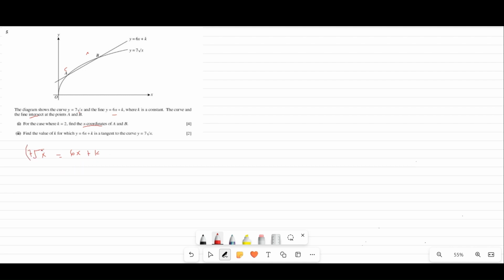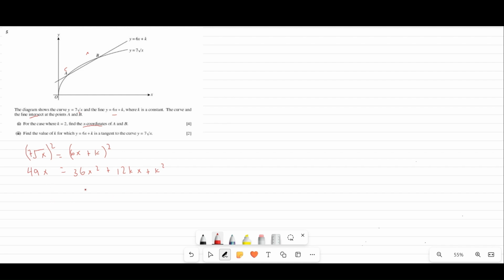The first step here is to remove the square root sign by squaring the left hand side and doing the same on the right hand side. What that gives us is 49x being equal to 36x squared plus 12kx plus k squared.